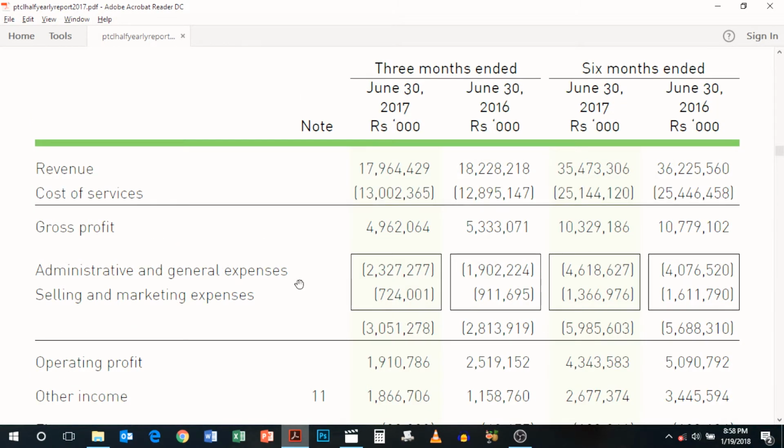Now I want to direct your attention to the columns over here. On the left side, you will see the company's quarterly performance ending June 30th, 2017 as against June 30th, 2016. On the right-hand columns, you will see the company's 6 months cumulative performance ending June 30th, 2017 versus June 30th, 2016.